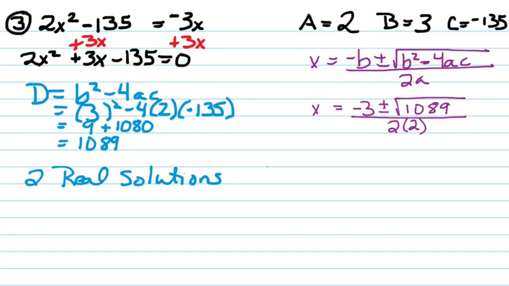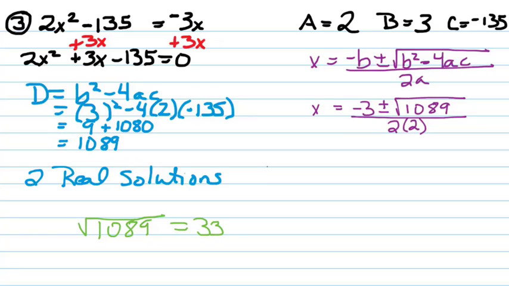So this is a big square root. First thing I would do is check to see what is the square root of 1089. If I don't have anywhere else to start, that's where I always start. And in this case, it came out to be 33.